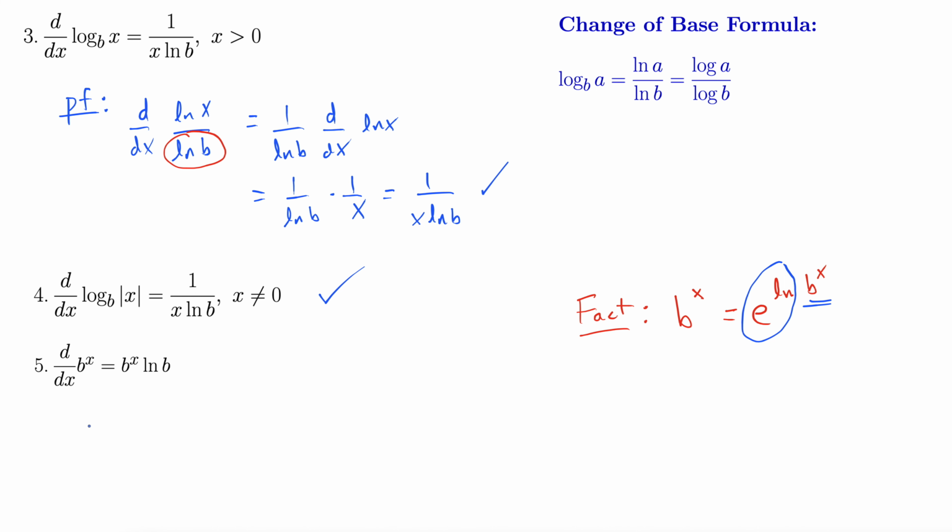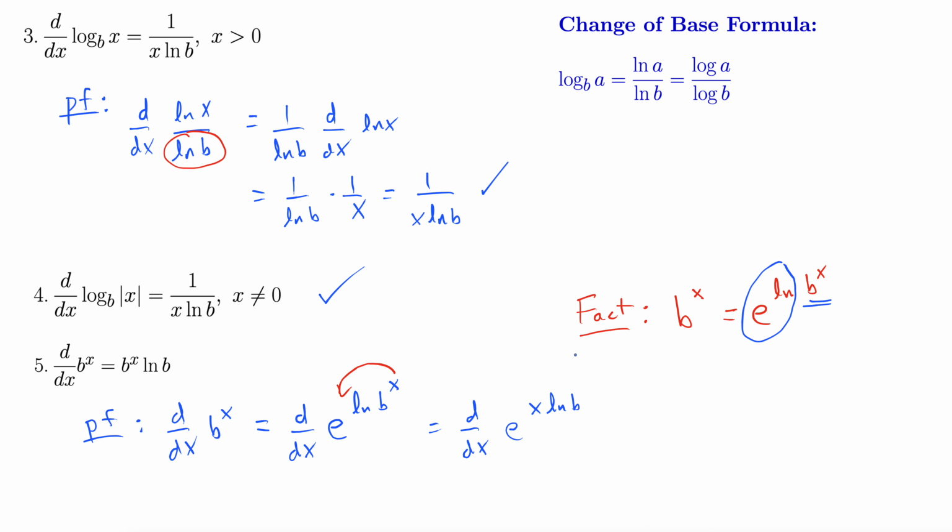So moving on to the proof of this, we use that fact. We say the derivative d by dx of b to the x can be written as the derivative d by dx of e to the natural log b to the x. And then we'll use our properties of logarithms to bring this x down to the front, which gives us the derivative d by dx of e to the x natural log b. Well, we know what the derivative of e to the u is, so let's use the chain rule to compute this derivative.